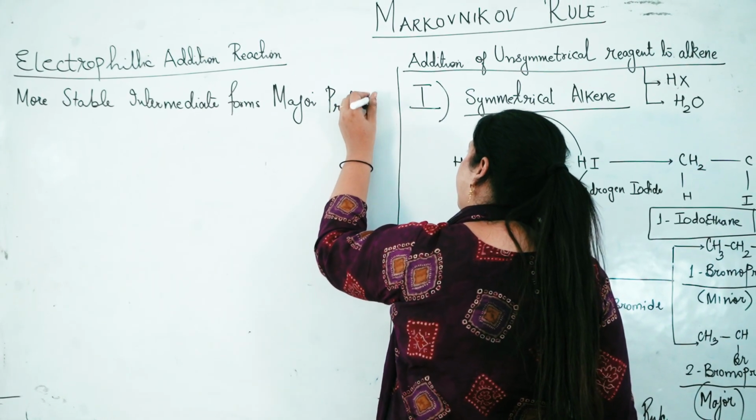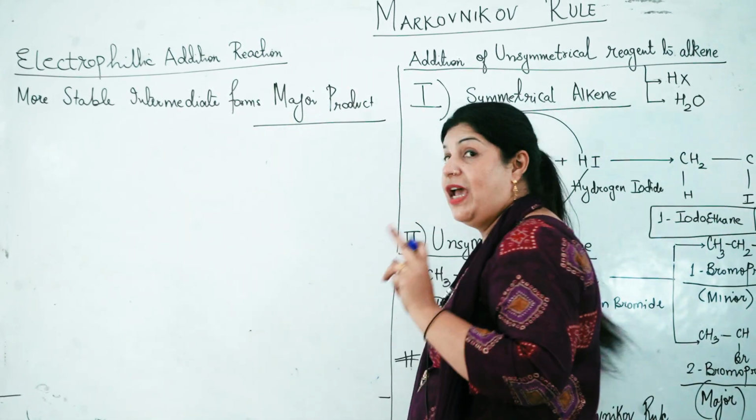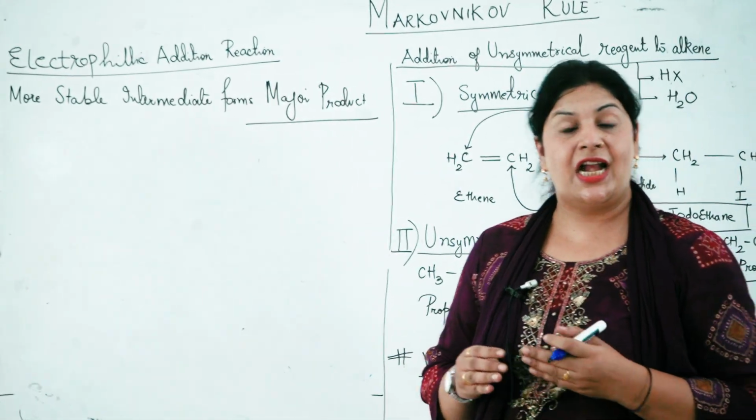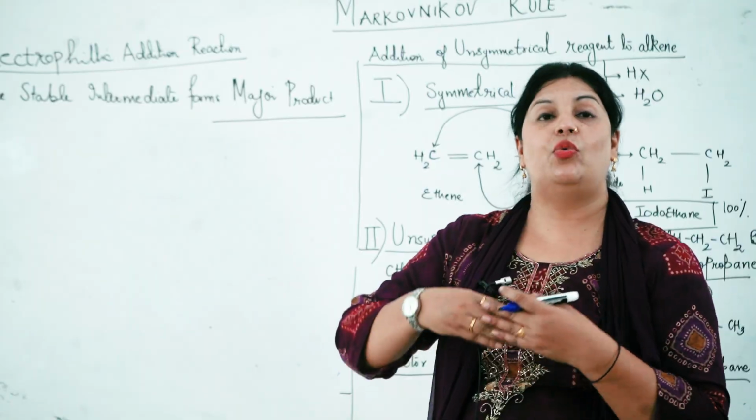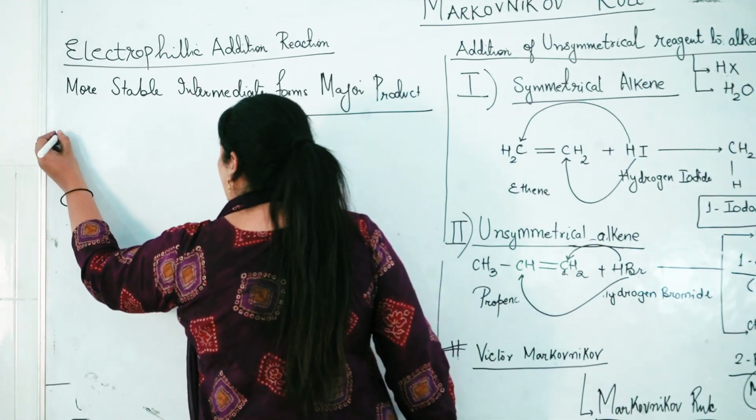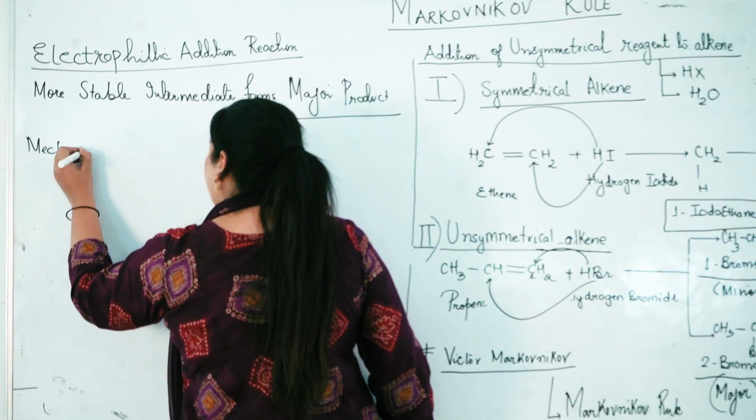More stable intermediate forms major product. That is the rule. So, we need to understand what is the intermediate, we need to understand what is the mechanism behind. So, it is very easy because we know the concept.